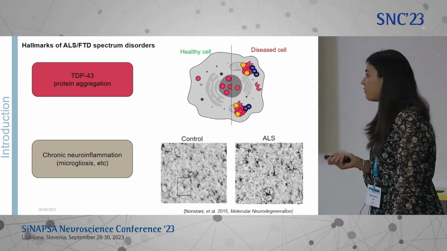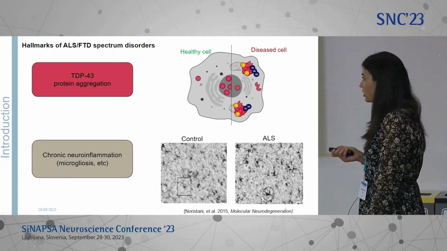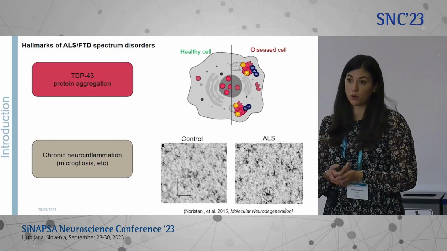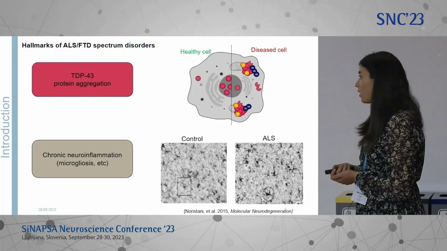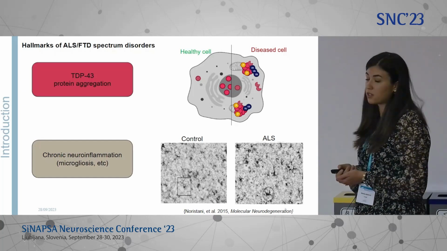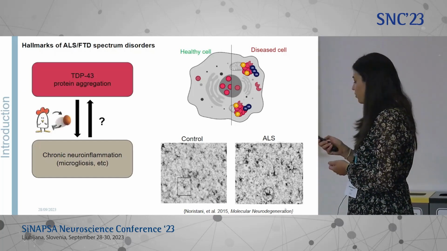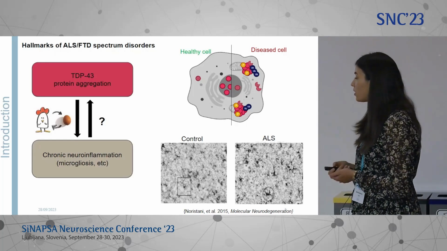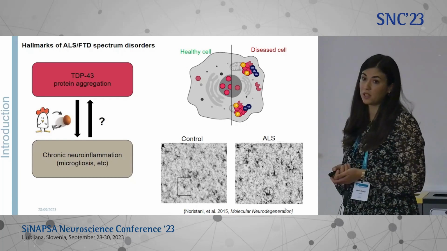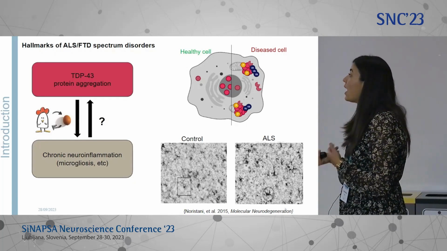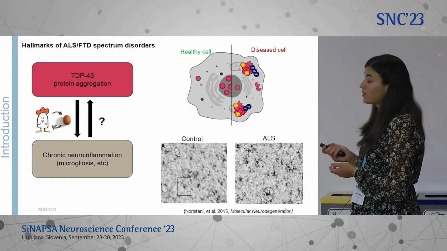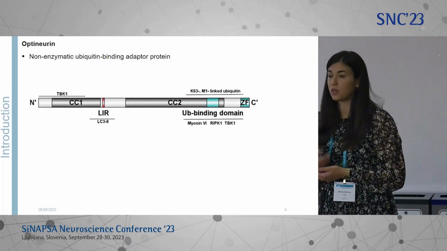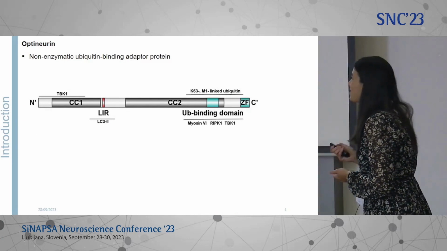Another hallmark, as Ivana said, is chronic neuroinflammation that is mainly driven by microglia, the only immune-resident cell of the brain, but also by some other cells like astrocytes. There is a chicken-and-egg dilemma of what happens first, but it is known that chronic neuroinflammation can trigger TDP43 protein aggregation and vice versa, and we are investigating the link between them. We think the link is optineurin, and I will now try to explain why.